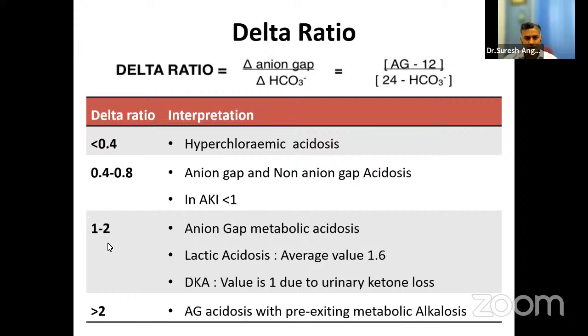If the value of the delta ratio is 1 to 2, then it is anion gap metabolic acidosis. Usual causes are lactic acidosis and diabetic ketoacidosis. And if it is more than 2, then it is anion gap acidosis with pre-existing metabolic alkalosis. So with this, we can pinpoint what the main problem in the patient is.